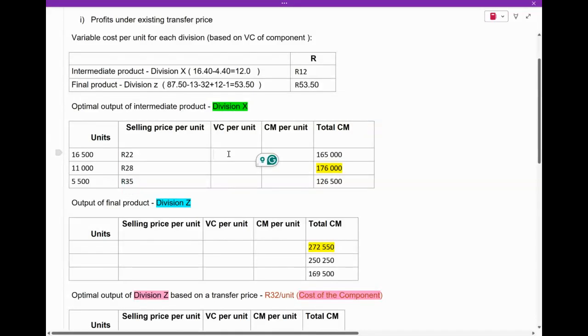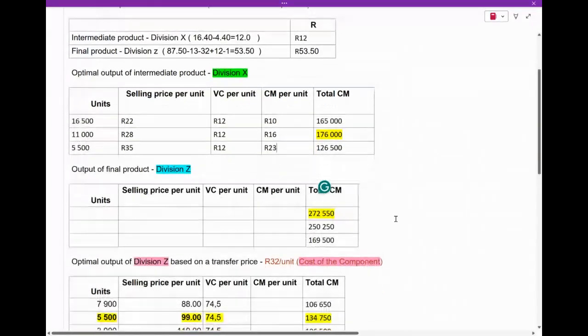Okay, so again, now we're using the variable cost that we've just calculated, which is 12 Rand. Let me just copy that. Plug that in there. So what is now our contribution margin per unit? It's 10 Rand here, 16 Rand here, and 23 Rand.